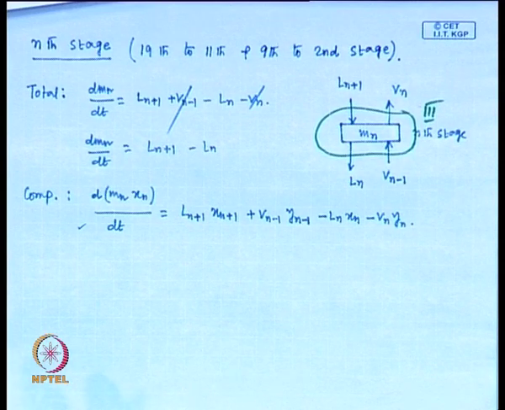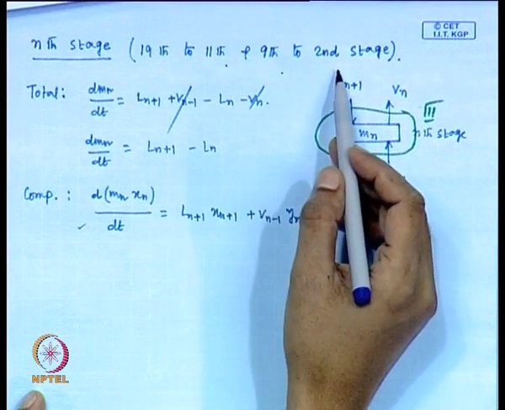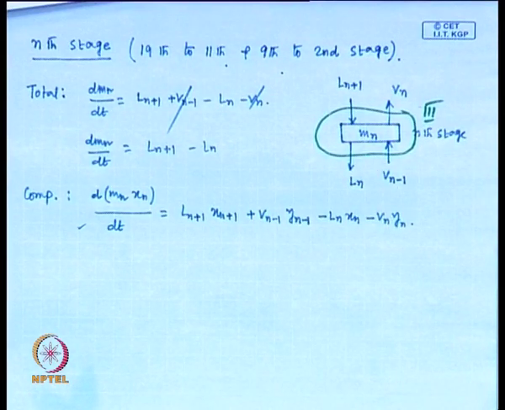Basically, we have considered common nomenclature n for these stages. Fine. That is why we have represented that by nth stage, and those are just 19th to 11th and 9th to 2nd stage.